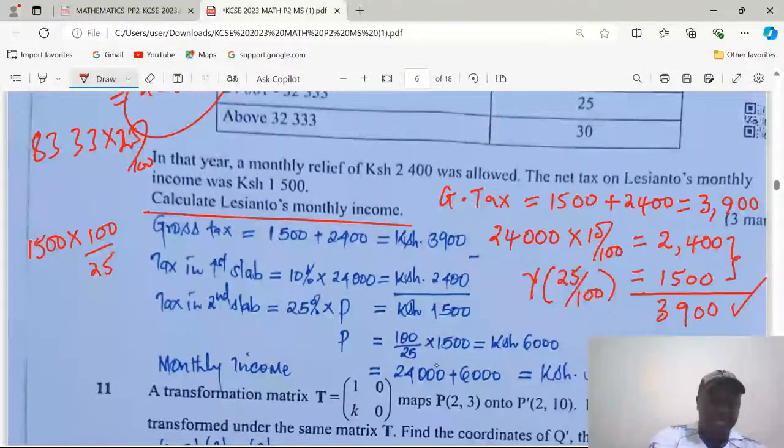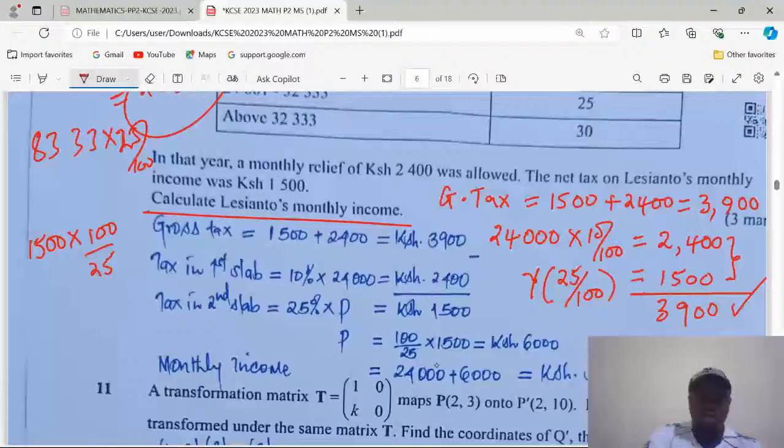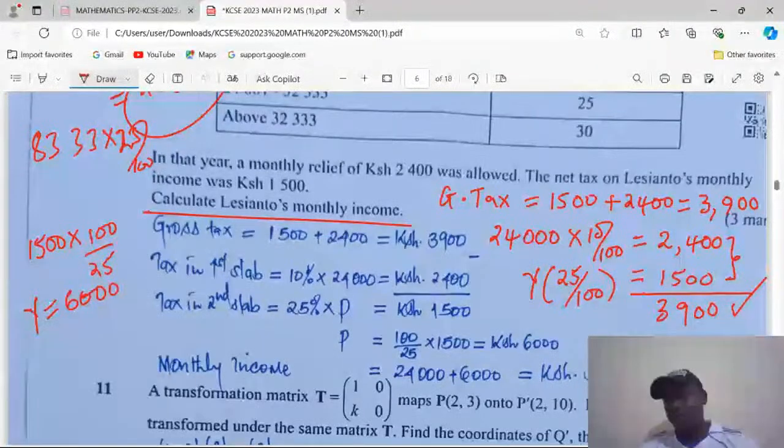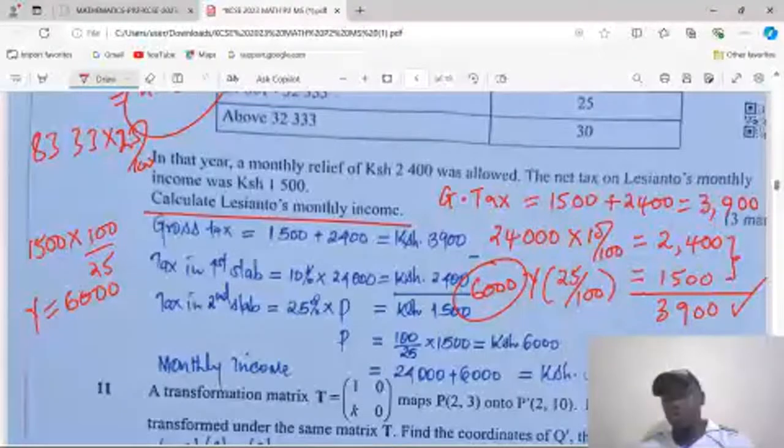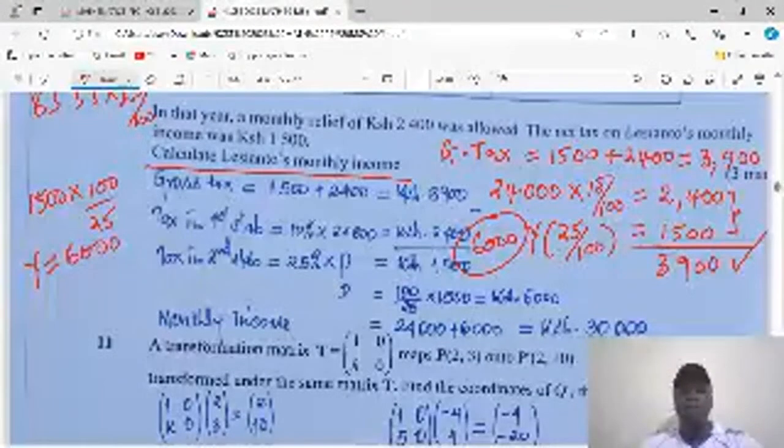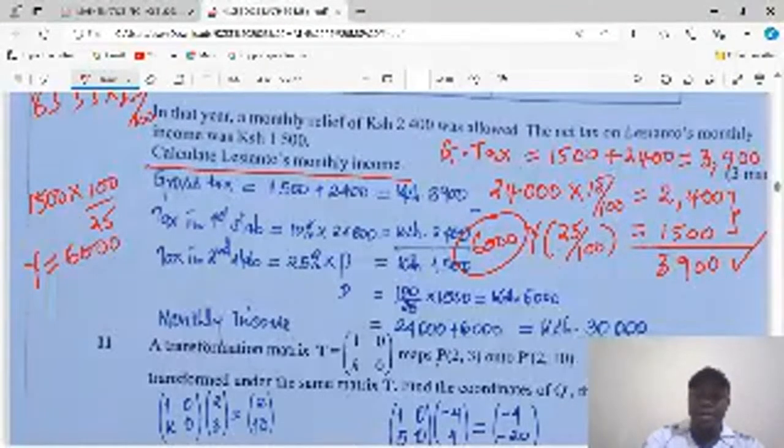So it's like we are multiplying this by 4, equals 6,000. So when we tax 24,000 at the rate of 10% and tax 6,000 at the rate of 25%, we are getting 1,500. It adds up to 3,900.